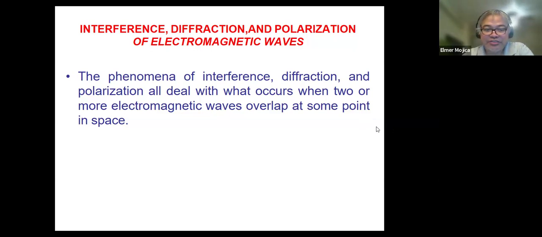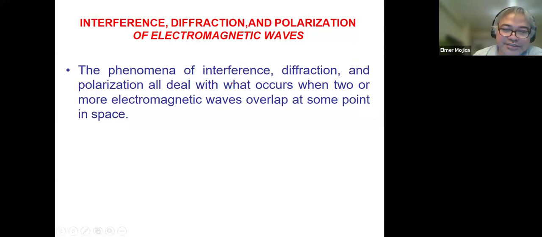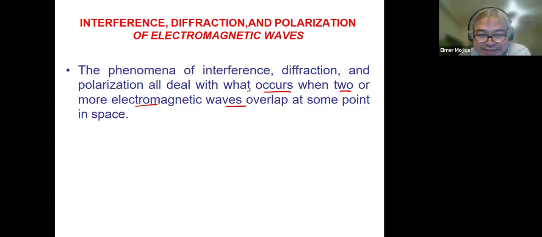So the next thing that we're going to do is the phenomena of interference, diffraction, and polarization. We already discussed this, but I just want to show you ano yung instrumentation out of this concept. Next slide. Wala namang celebration ngayon. Okay? So if you're going to look at these phenomena, they all deal with what occurs when you have two or more electromagnetic waves that overlap at some point in space.